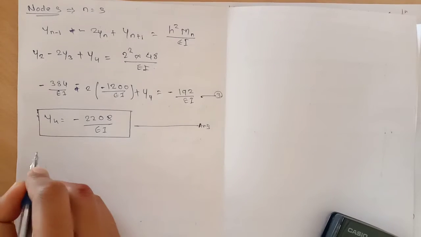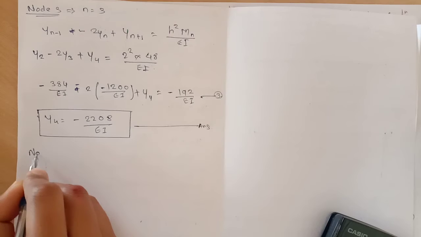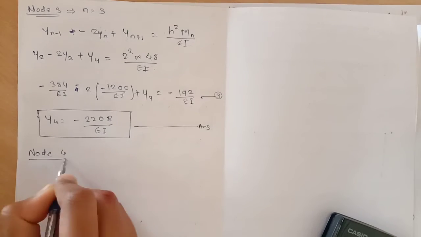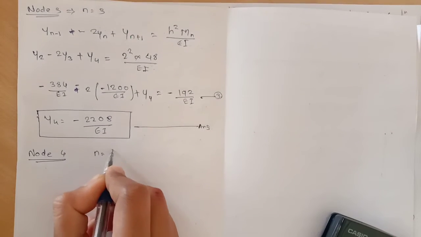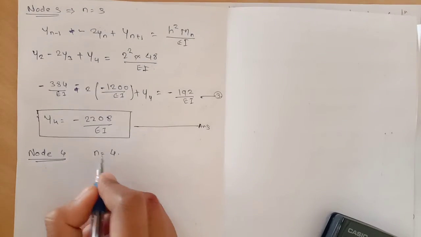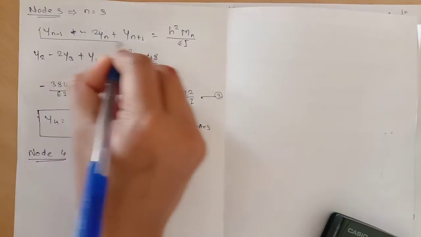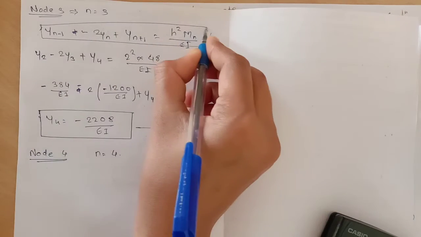And the last, take the fourth nodal point, that means n is equal to 4. Put these values in this equation. This is the given equation.